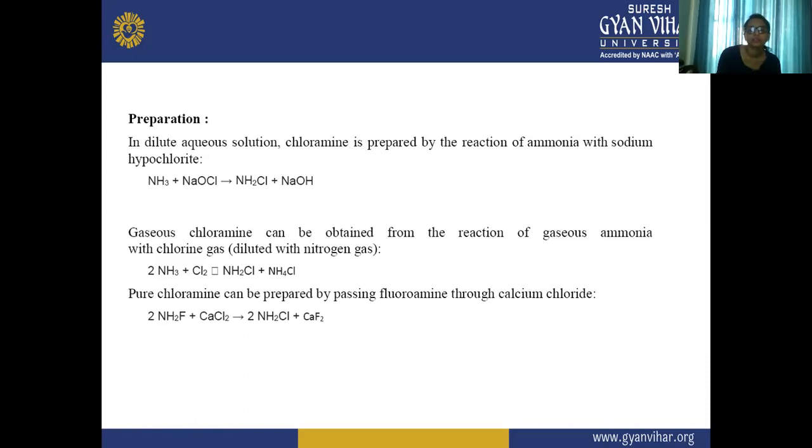Pure chloramine can be prepared by passing fluoroamine through calcium chloride, which gives chloramine plus calcium fluoride.